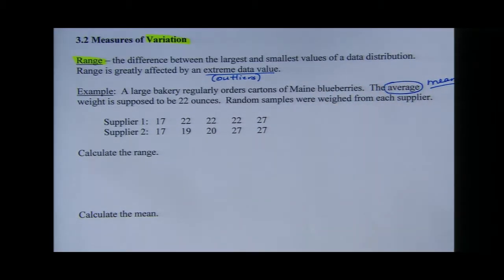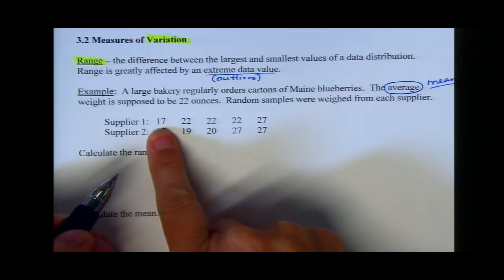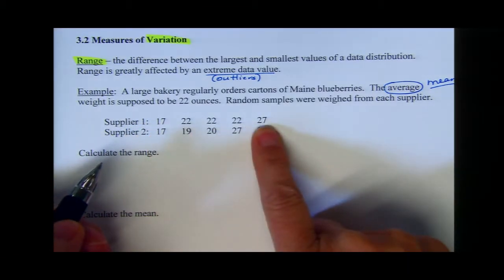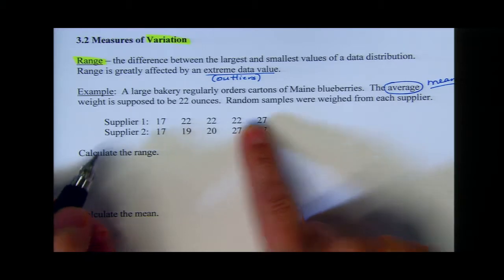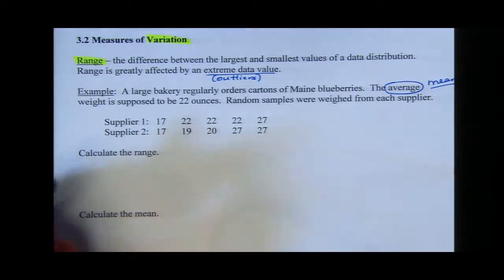So the average weight is supposed to be 22 ounces. Random samples were weighed from each supplier. So you have supplier 1, so this means one box of blueberries was 17 ounces all the way up to 27 ounces. And supplier 2 is different, although also 17 all the way up to 27.